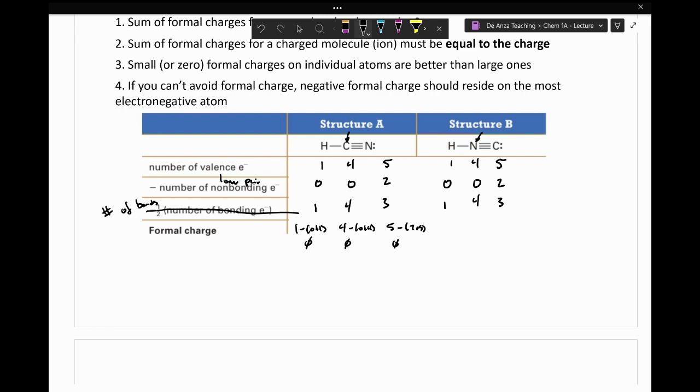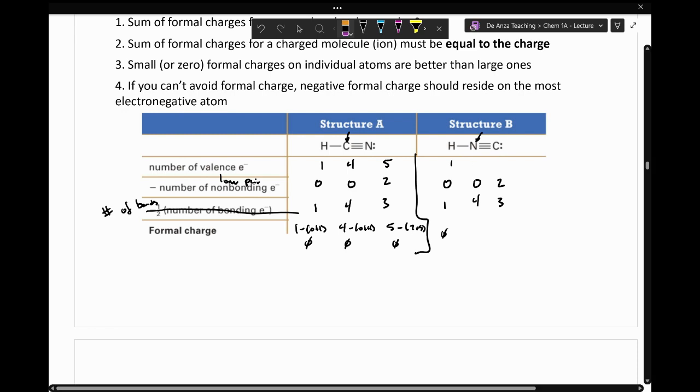We go over to structure B, and we have hydrogen, 1 minus 0 plus 1, so that's 0. Nitrogen, 4 minus 0 plus 4. This should be 5. Sorry, so this should have been 5, and this should have been 4. So 5 minus 0 plus 4 is plus 1, and then 4 minus 2 plus 3 is minus 1.